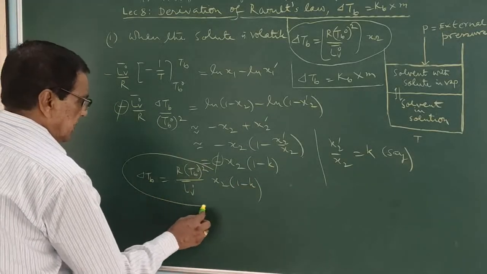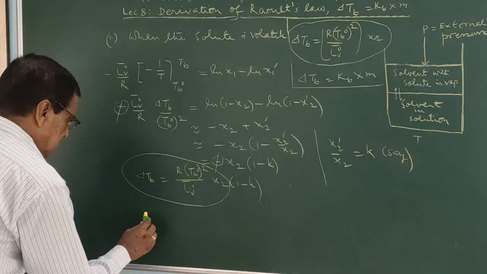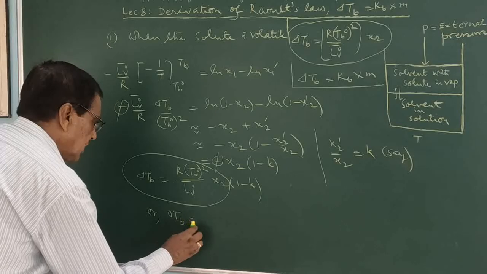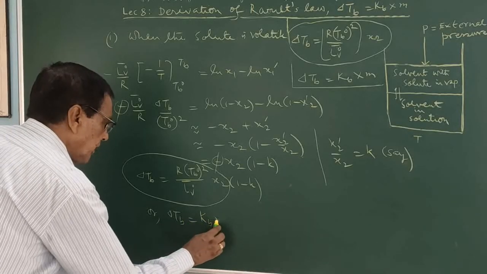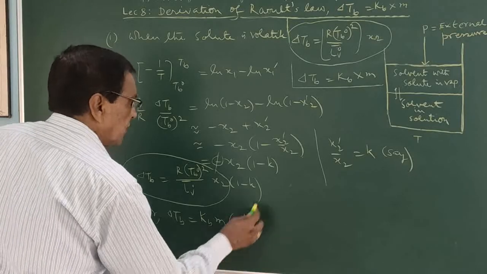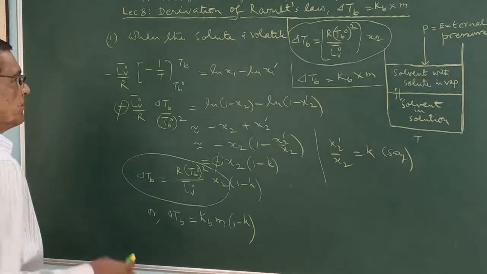We have seen here that delta TV equals KB into m into (1 minus k), where k is having this value.